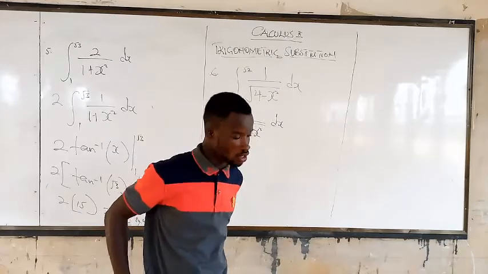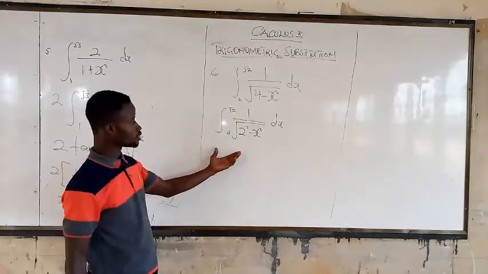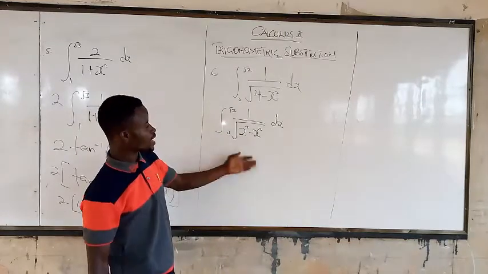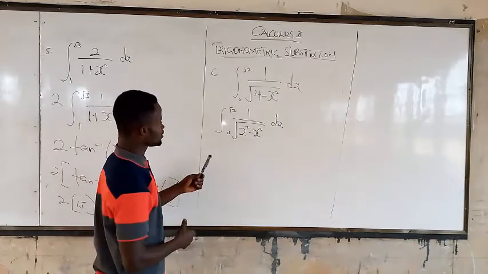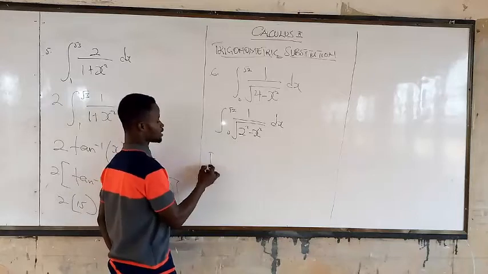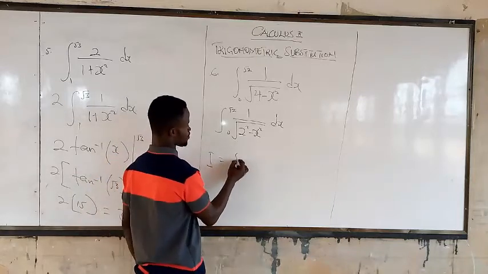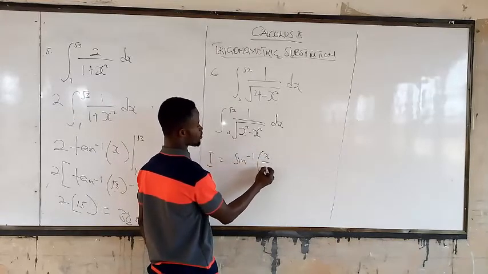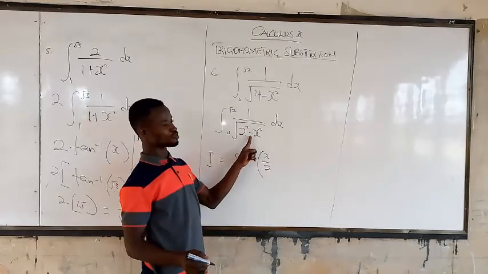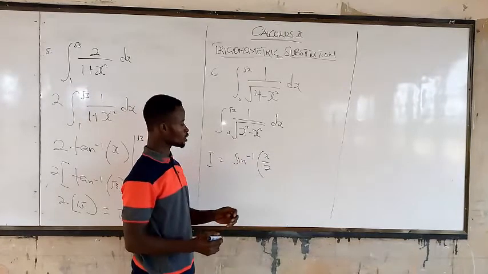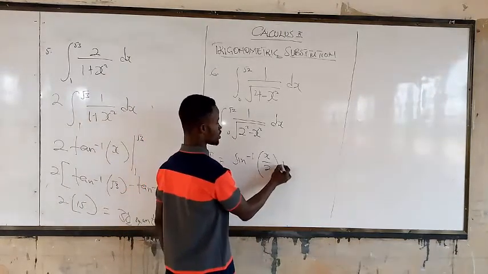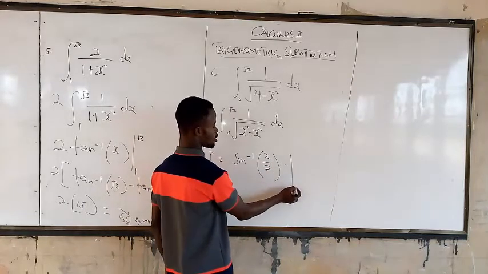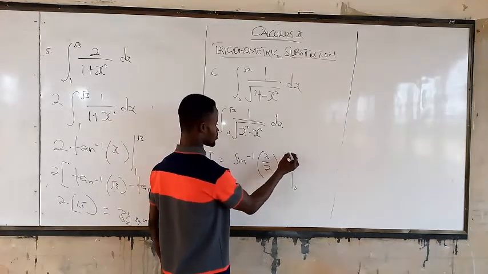Alright, so we move on. Now we know that here it's just sine inverse, alright? This is just sine inverse. So straight away the integral is going to be sine inverse of s over 2. Constant minus variable. So that is sine inverse. Plus, so no more plus c, but we bring our 0 to square root of 3.